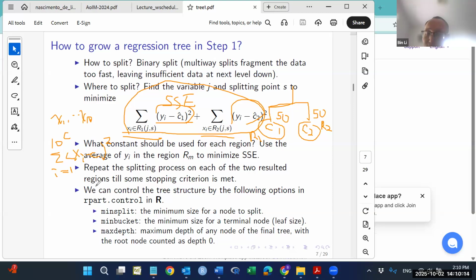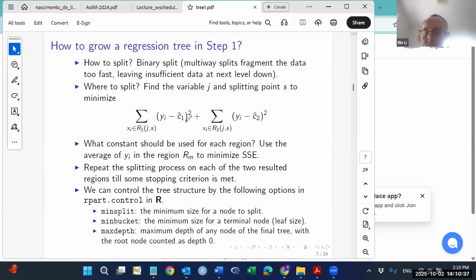By using that, you can easily see the optimal value for C. C is the average, that's x bar, the average of these 10 numbers. And that is the one that minimizes this. Is that clear?